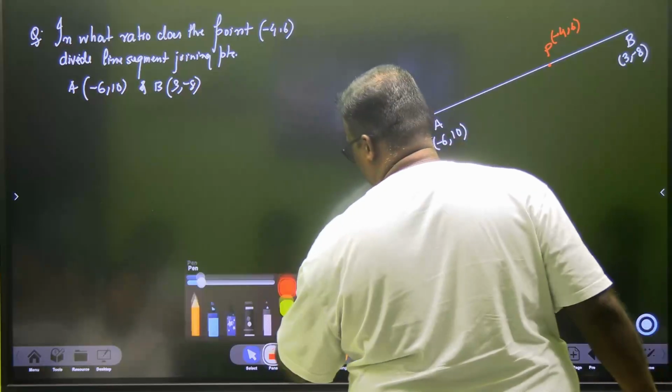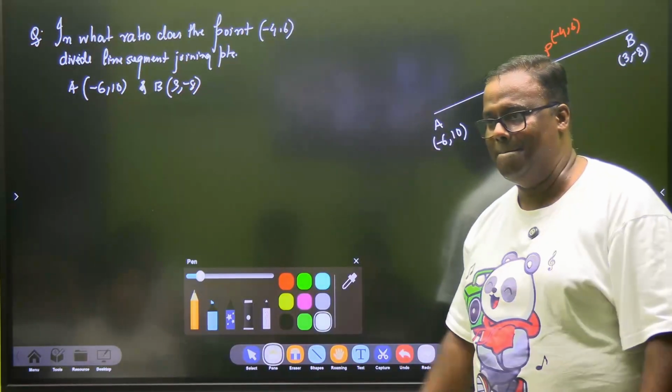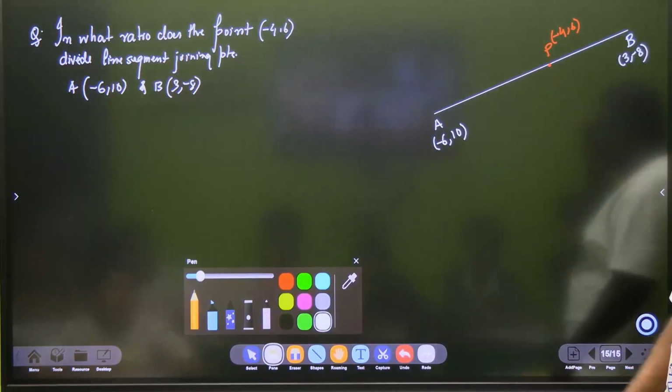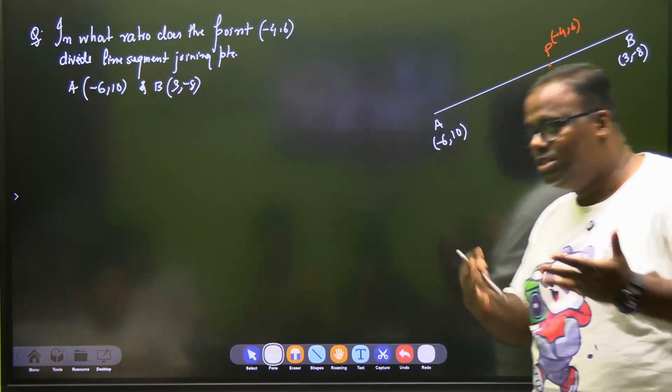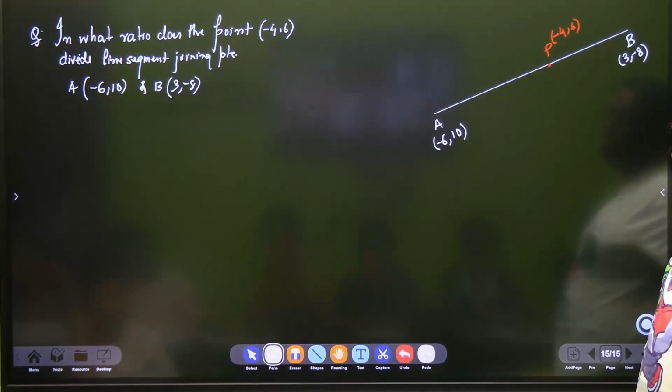They are now asking you, if this be P, what is the ratio? Another type of problem you may get is where the ratio is given, find P. Now they're asking what is the ratio. Here my personal advice is, never say let the point P divide in the ratio m:n. Calculation will become harder.